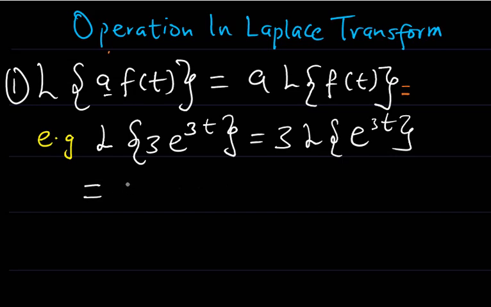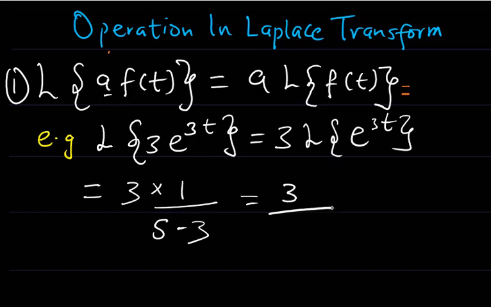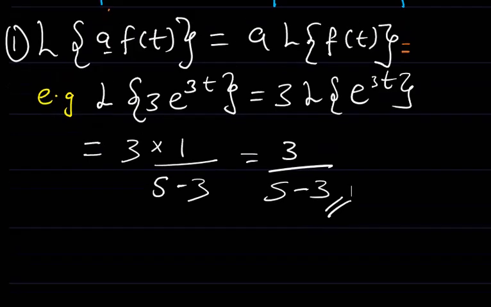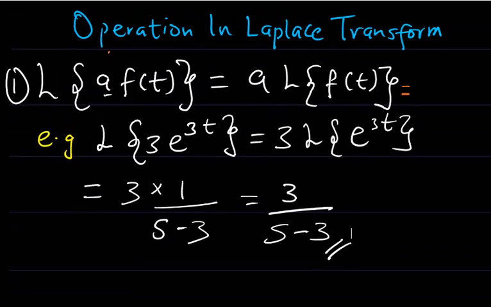That's going to be 3 times the Laplace transform of exponent of 3t, which is 1 all over s minus 3, which of course is 3 all over s minus 3. I can also do more examples, but this is actually enough.